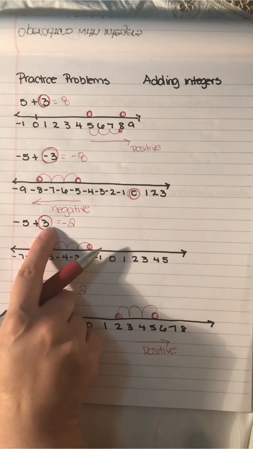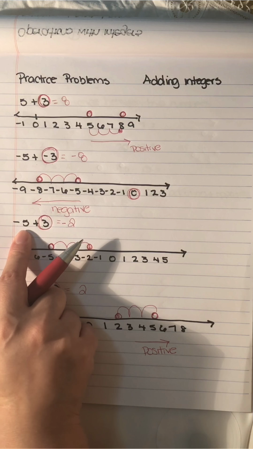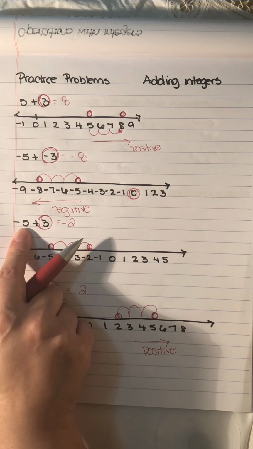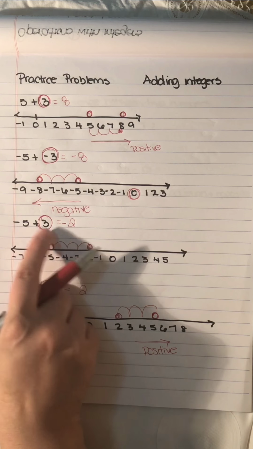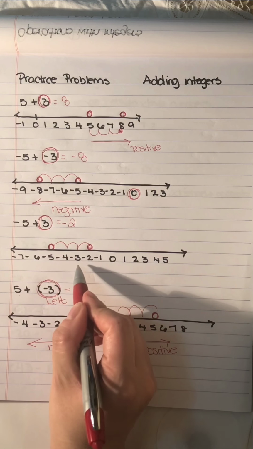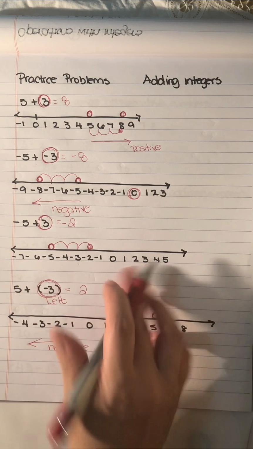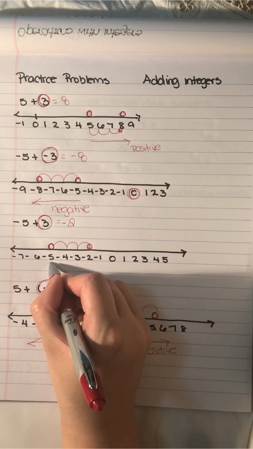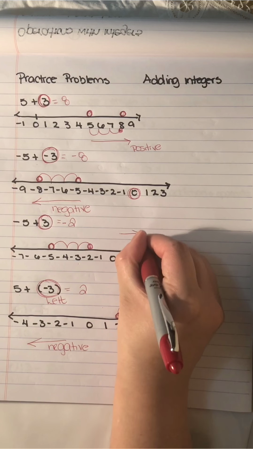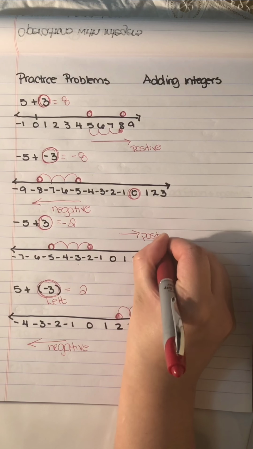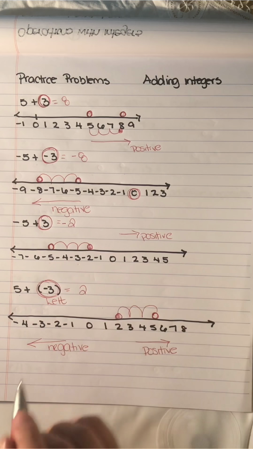Here we have 2 integers that have different signs. So we remember we don't add, we go ahead and subtract, because on the number line, we started at 5 and we added 3 spaces going to the right because it's positive, and that gave us 2.